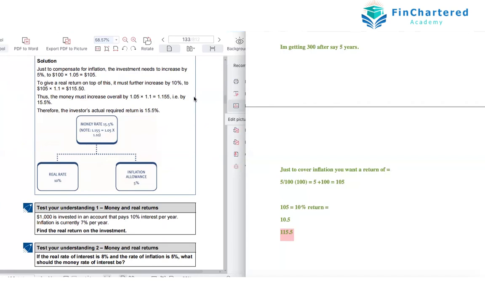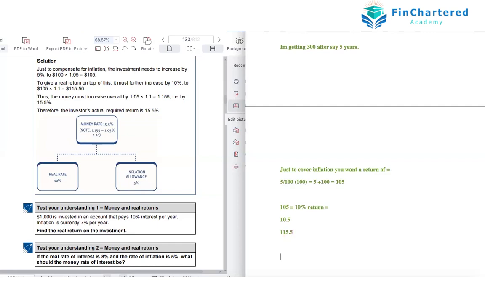Okay, perfect. So now we're going to look at test your understanding 1. 1,000 is invested in an account that pays 10% interest per year. Inflation is currently 7% per year. Find the real return on the investment.